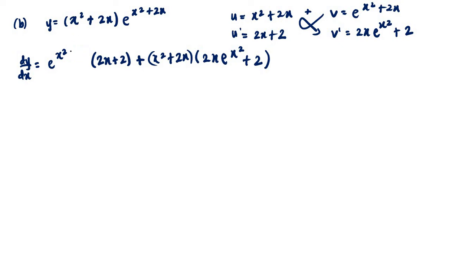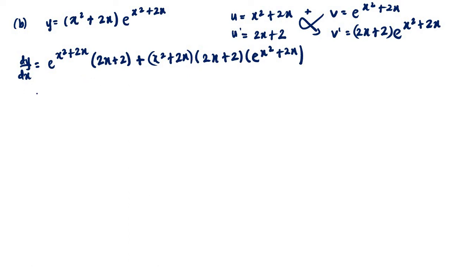So kat sini power, we're gonna have 2x plus 2, and then e^(x squared plus 2x), that is the power for the exponential. So over here dekat sini v prime kita akan dapat (2x plus 2) e^(x squared plus 2x). Okay, ni power on the exponential. Alright, so that is correct now.